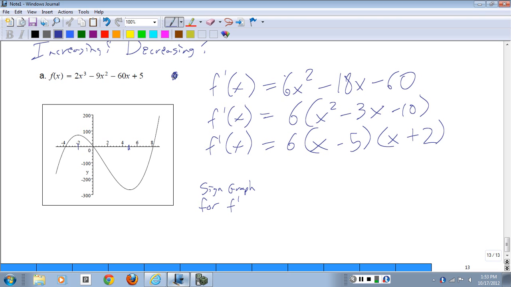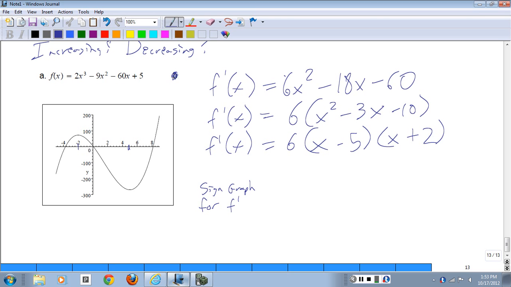Critical numbers are also vital in determining when the sign of a function can change. So the sign of f prime can only change at a critical number, where f prime is 0 or where f prime is undefined. So we have to consider both of those.